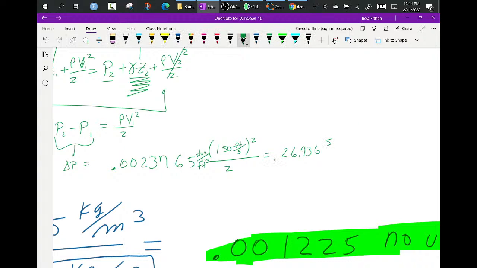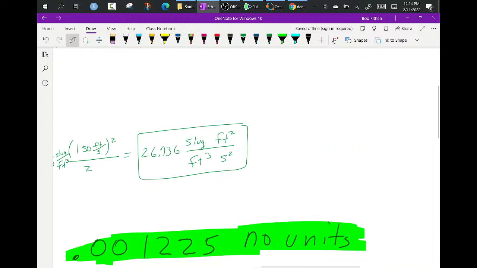This is a slug, foot squared, foot to the third, over second squared. At first glance, that's an annoying unit until we realize that F equals MA gives us, if we want to eliminate this slug, we can say slug foot per second squared is a pound.